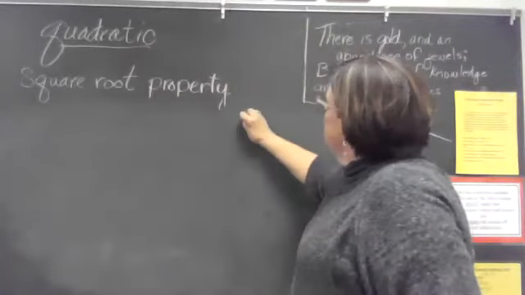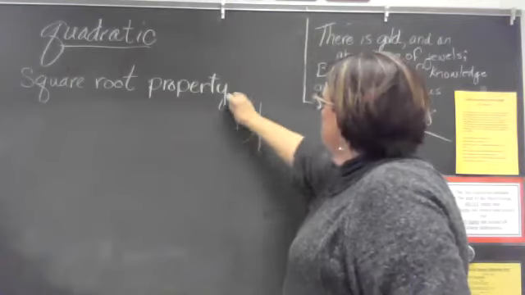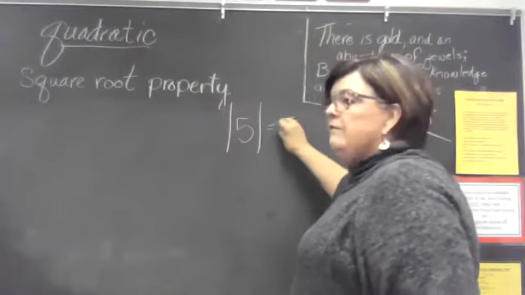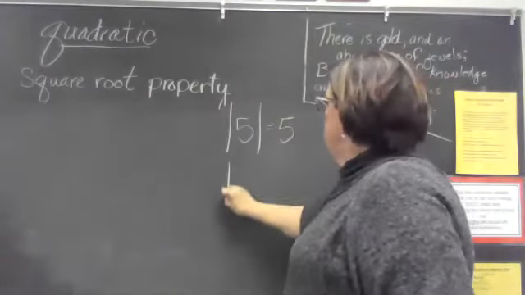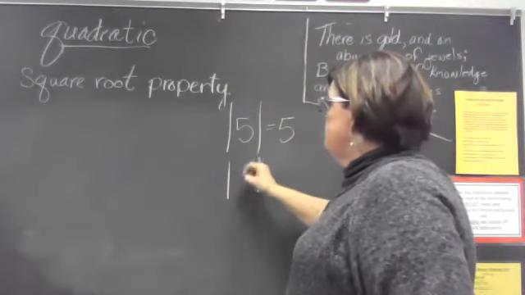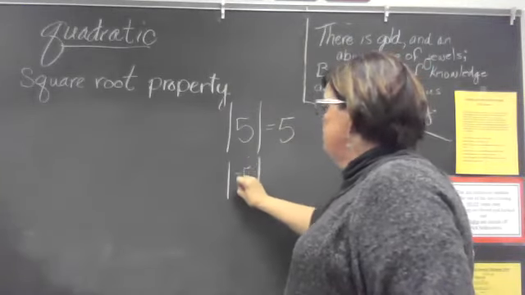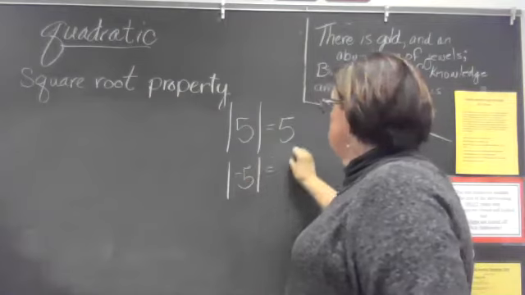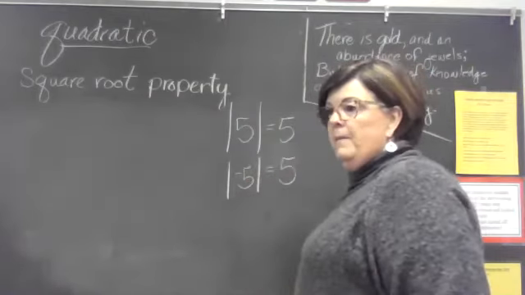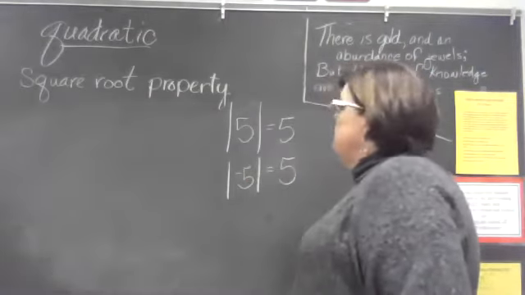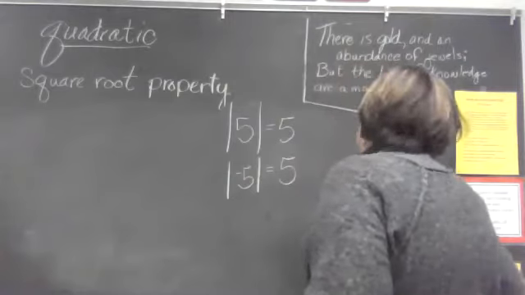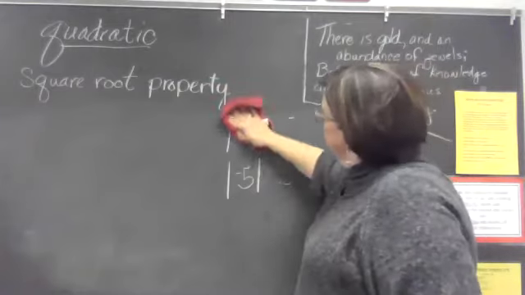We said if we have the absolute value of a number, it's going to be 5, right? But what's inside the absolute value brackets can also be negative, and it will still equal 5. Yes? Okay. So keep that in mind and listen to my explanation.